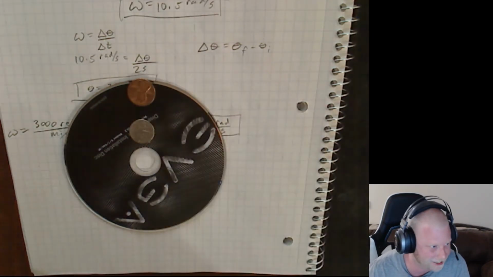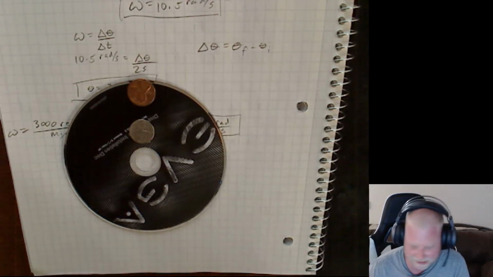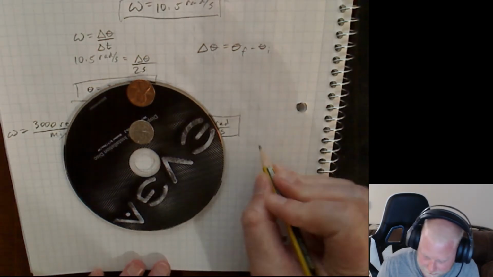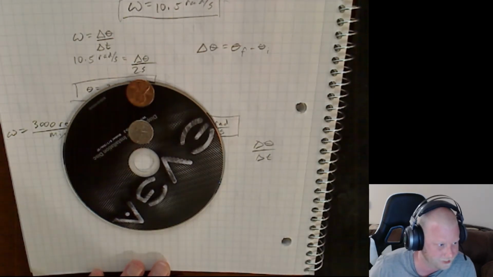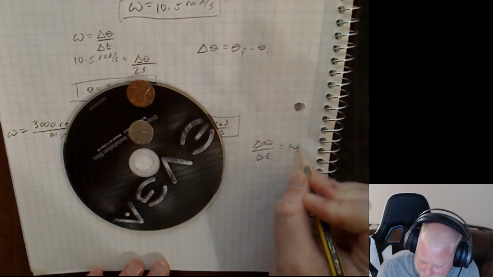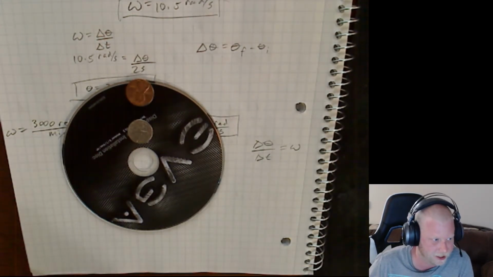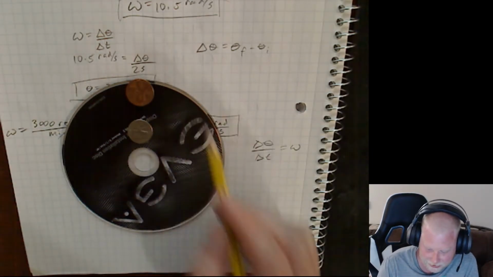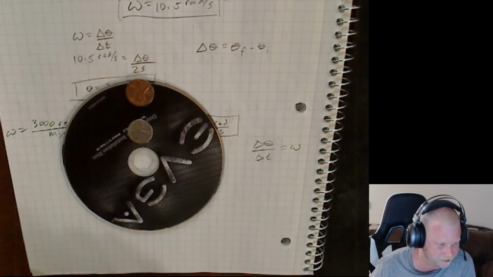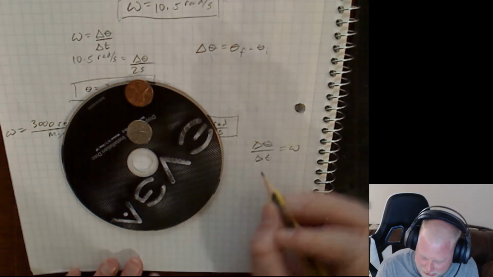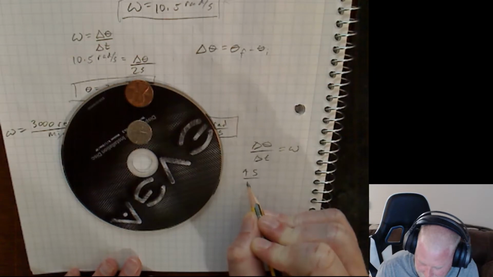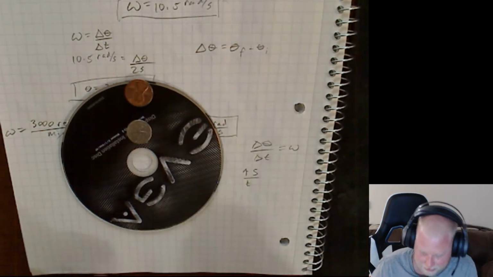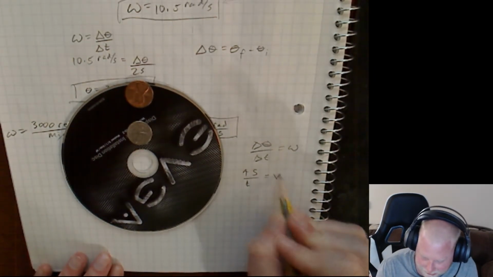both the penny and the dime covered the same angular displacement in the same amount of time, right? So they would have the same angular velocity. But one of these covered a greater arc length. So the penny covered a greater arc length over an equal amount of time, so its linear velocity is going to be greater.